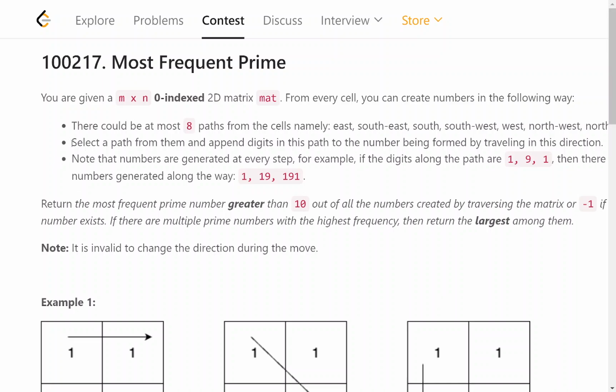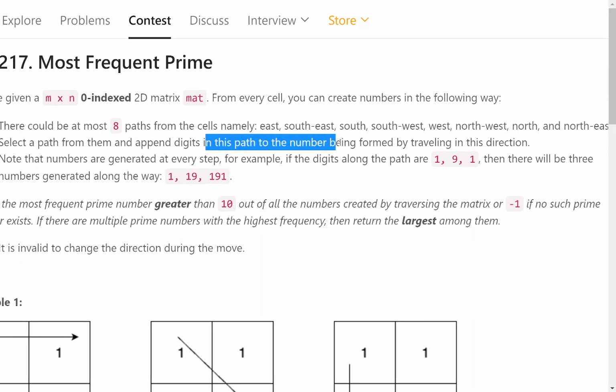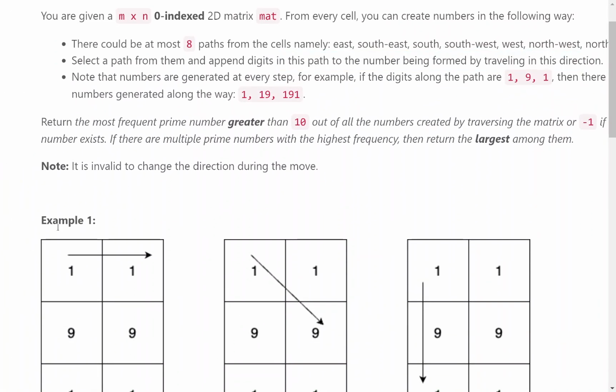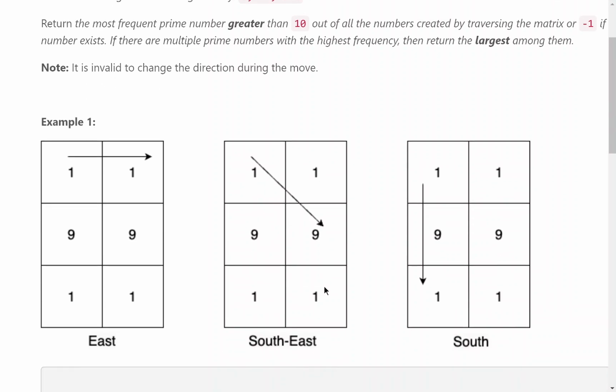So we will select one of these eight paths and then append the digits in the path to the number being formed by traveling in this direction. If you travel from 1 towards the right, then you will get 1 and 11, right? If you travel from this cell to the southeast, you have a 1 at the start, and once you go to the southeast position, you will have 19.